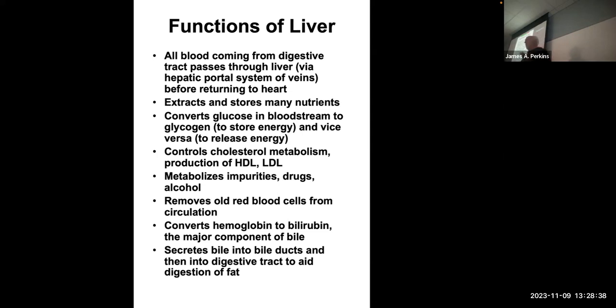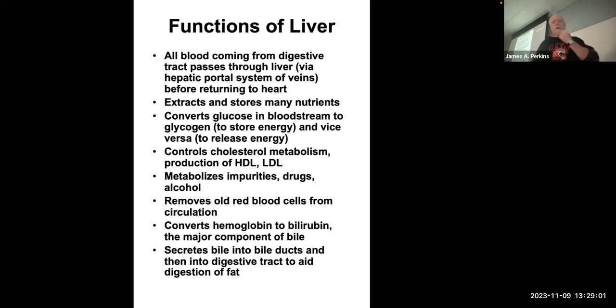The hepatic portal vein represents all the veins coming back from the stomach, the spleen, the small intestine, the colon. All of those abdominal organs are sending their deoxygenated blood through a system of veins that all come together to form this big hepatic portal vein, which enters into the liver.